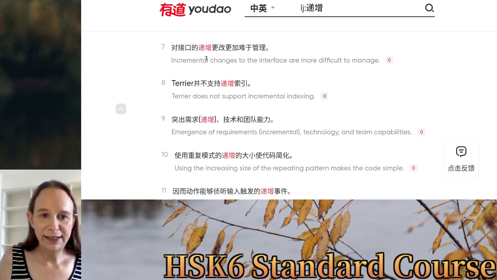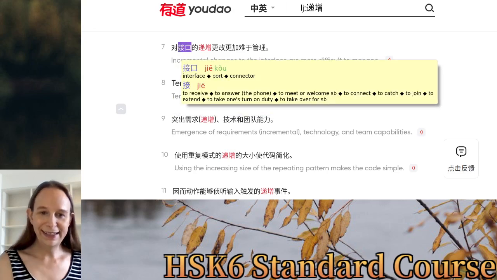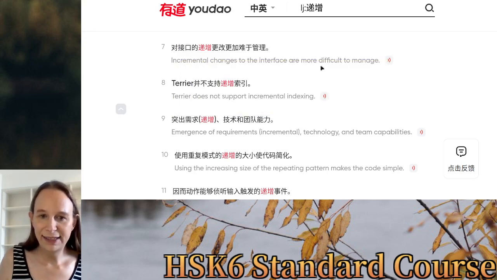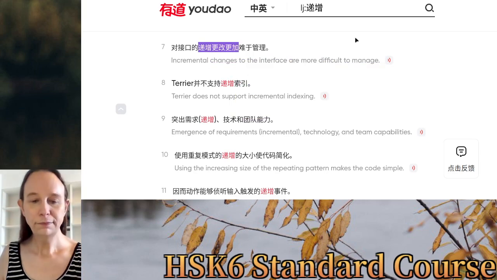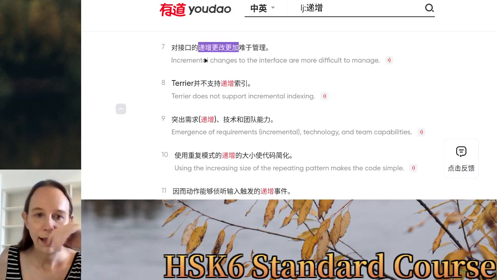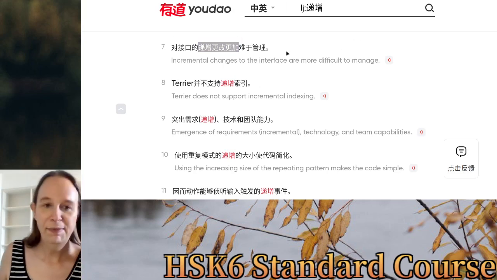对接口的递增更改更加难于管理。So 接口 is an interface. 对接口的递增. Where is interface? So maybe all this comes together as a phrase. Maybe I'll pause for a second.